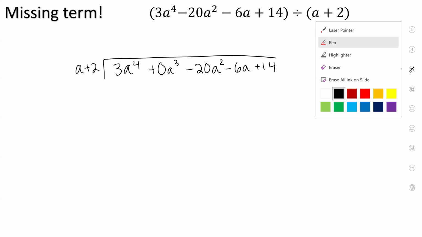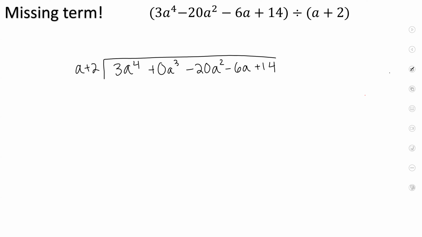Okay, so guys, if you got this one, great, you can move on. If not, just look up here. If you multiply this, I'll get 3a to the 4th power. 2 times 3, that's 6. And I get a cubed. From here, what'd y'all do?